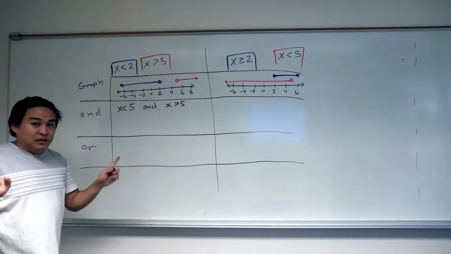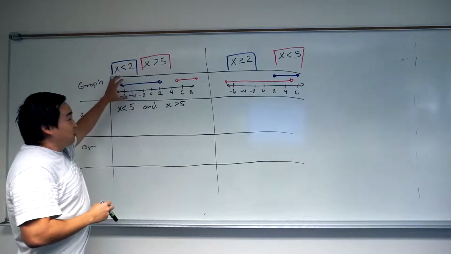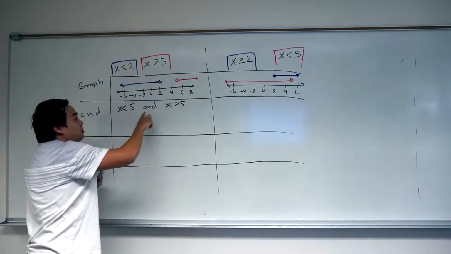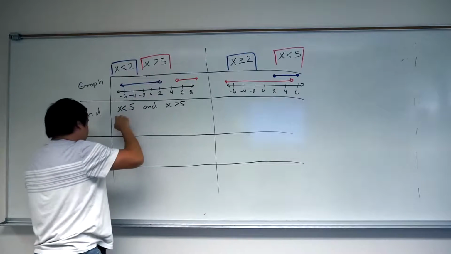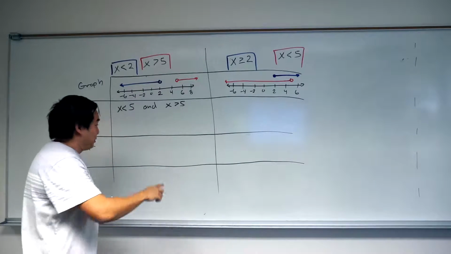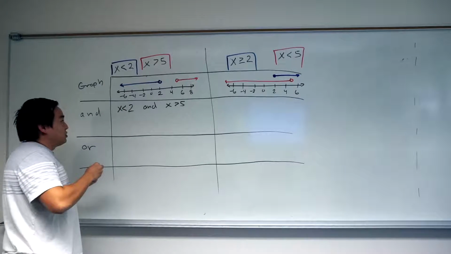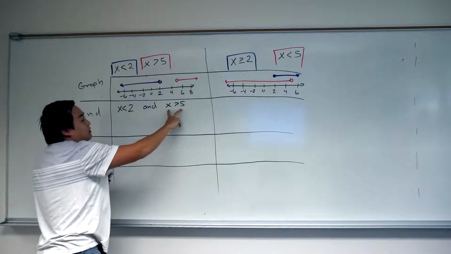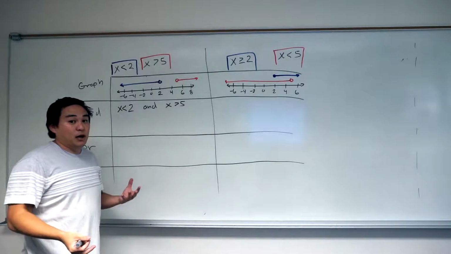So we want both of these things to work at the same time. What you do is you first draw this graph, and then you want to see where this happens. So where does this inequality, which is the blue one, and this inequality, which is the red one, happen both at the same time?